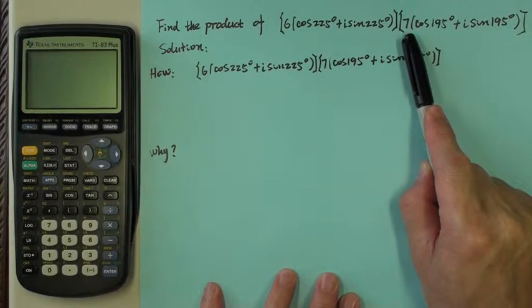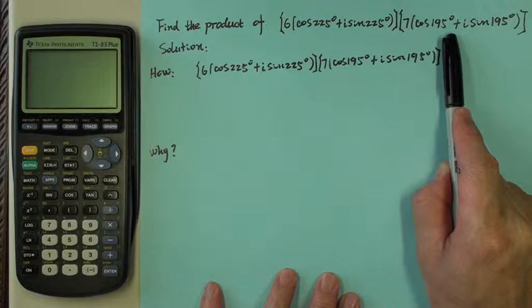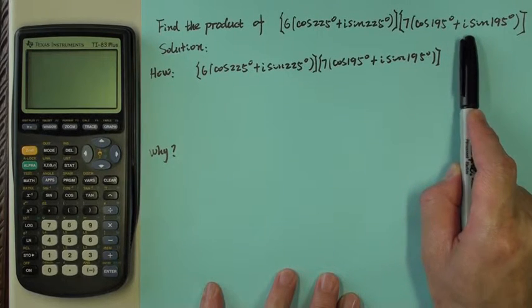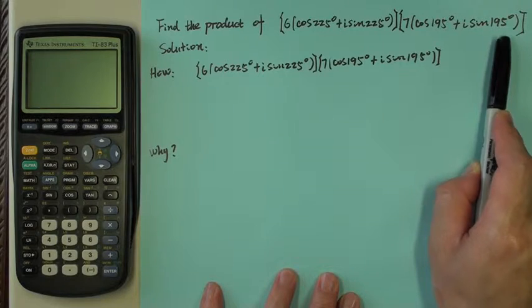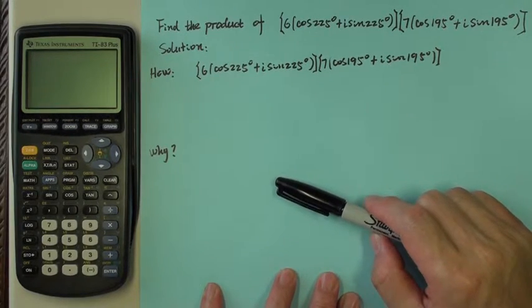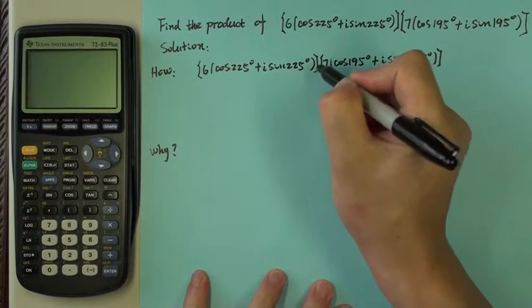The second one is 7 times (cosine 195 degrees plus i times sine 195 degrees). First of all, we want to know that this is the product.